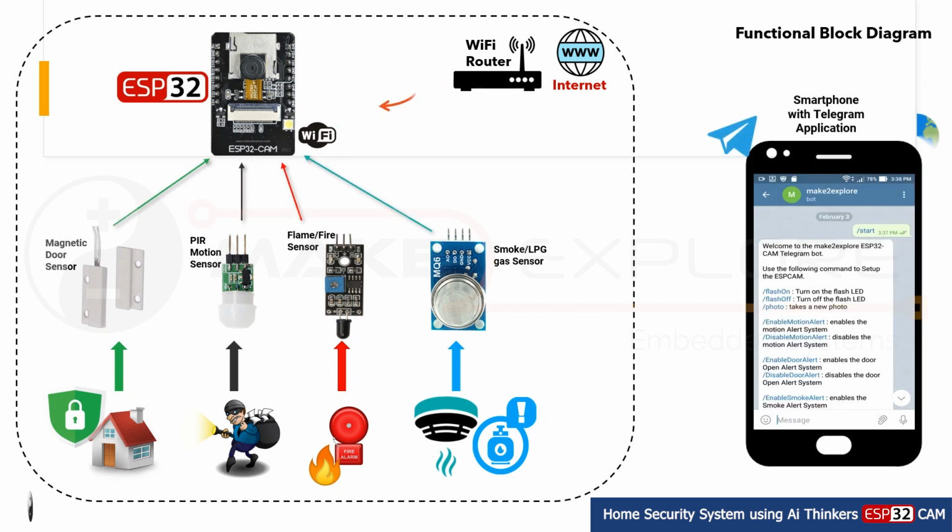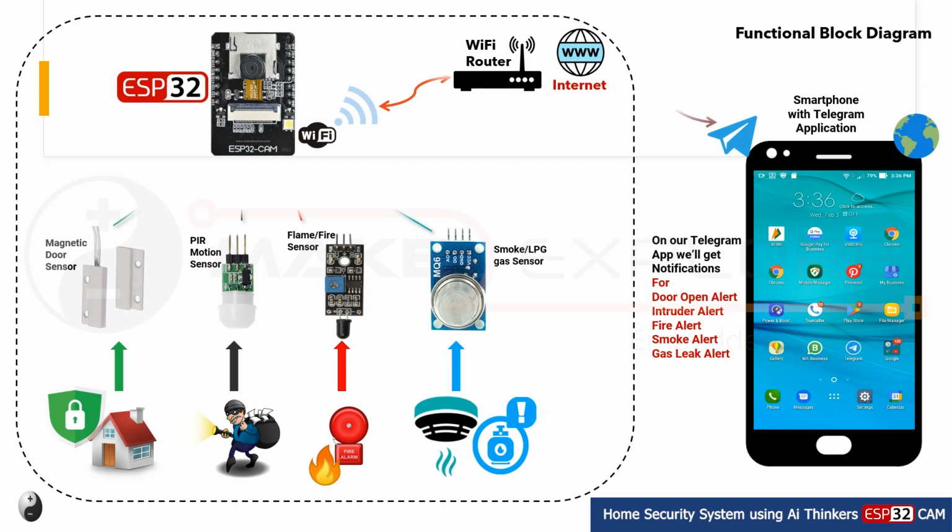Now suppose we are away from our home, at anywhere in the world, we have a smartphone with internet connectivity and we have installed the Telegram application on our smartphone. Then we will get notified about intruder alert, fire alert, smoke alert, gas alert on our Telegram app.